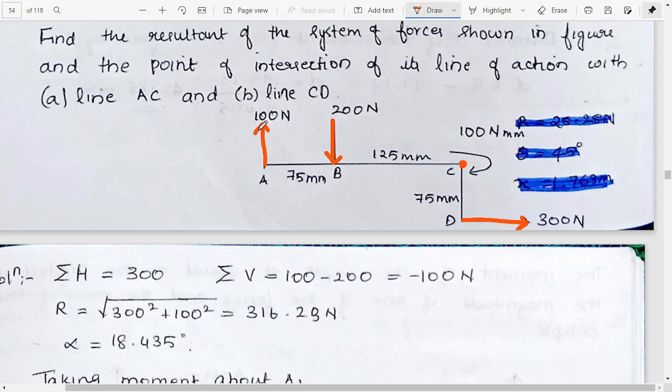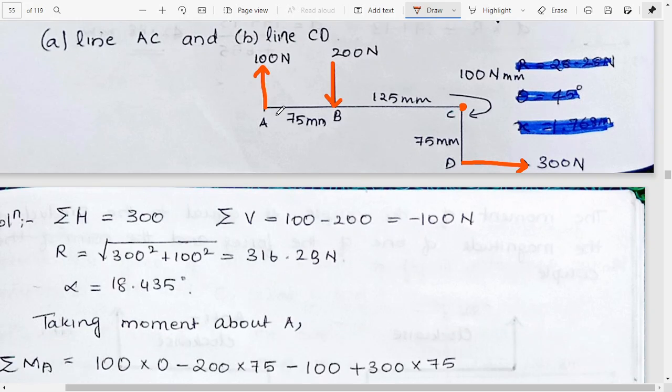Then summation of V will be 100 minus 200, which is minus 100 Newton. From that we'll get the resultant to be 316.23 Newton and alpha to be 18.435 degrees. Now if you are taking moment about A, this will be 0.